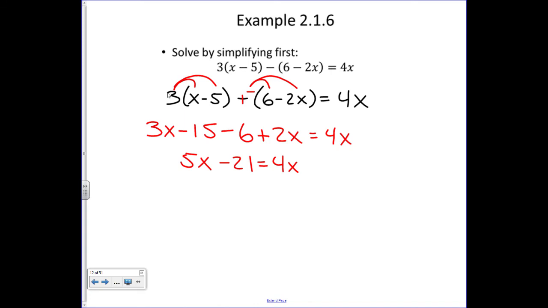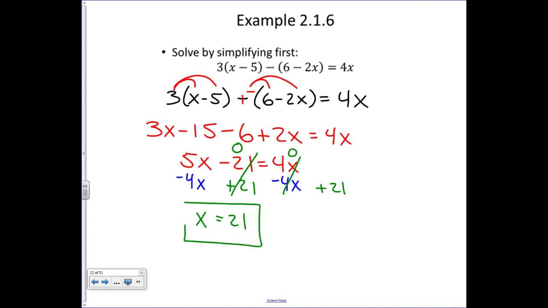We can subtract 4x from both sides, and at the same time, we can add 21 to both sides. 5x minus 4x is just x. Negative 21 plus 21 is 0. 4x minus 4x is 0. And that's equal to 21.